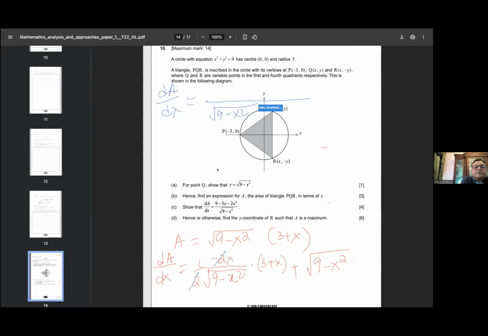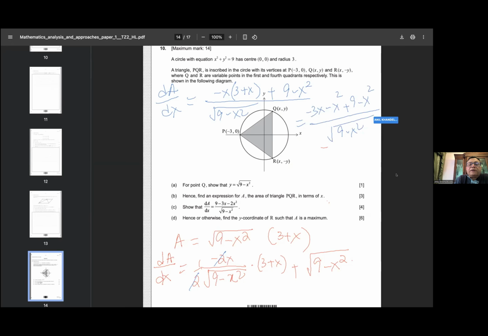When you open the bracket, you get minus 3x minus x squared plus 9 minus x squared.